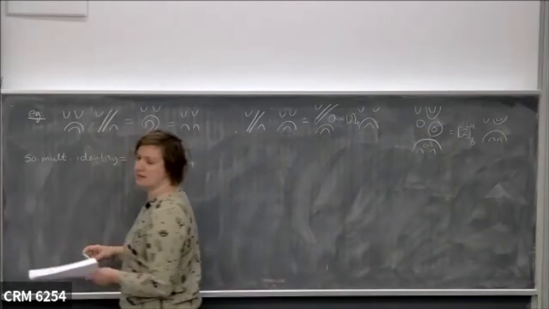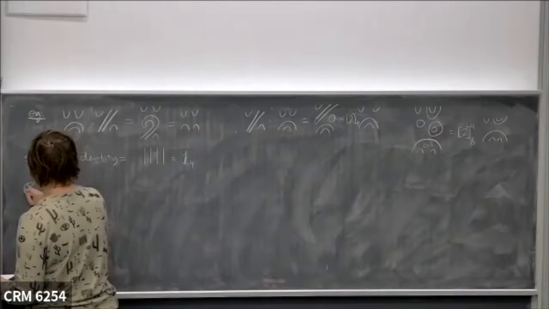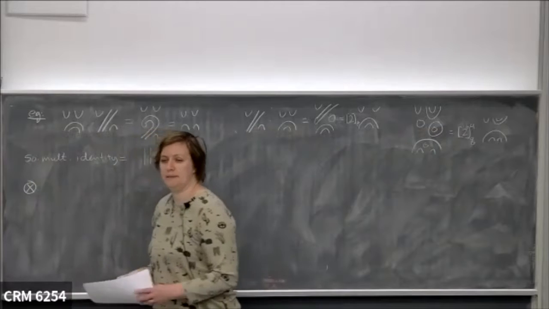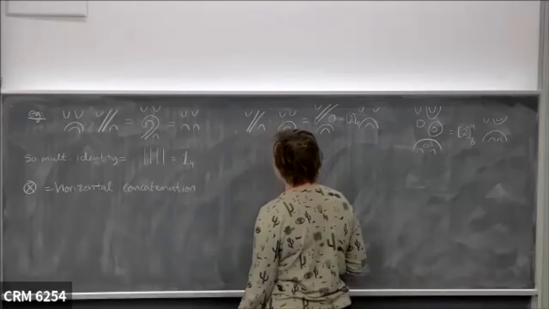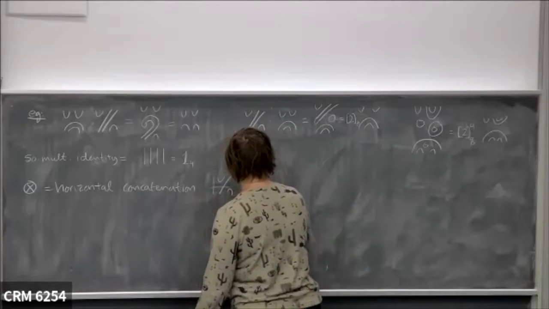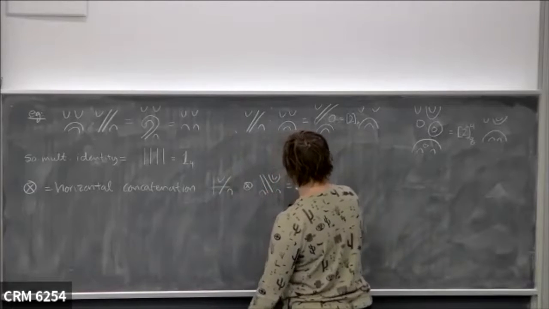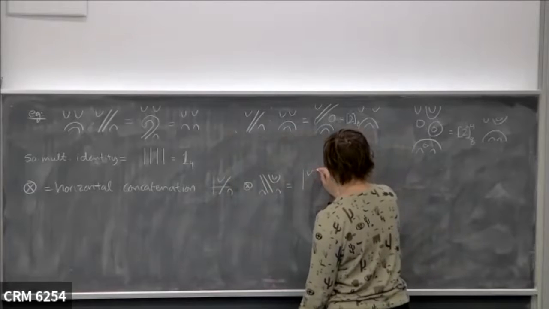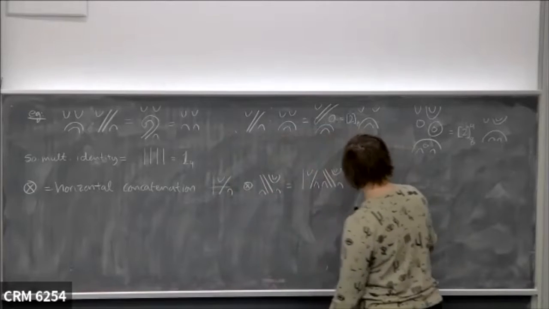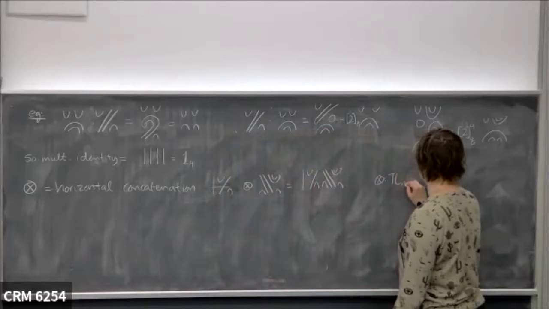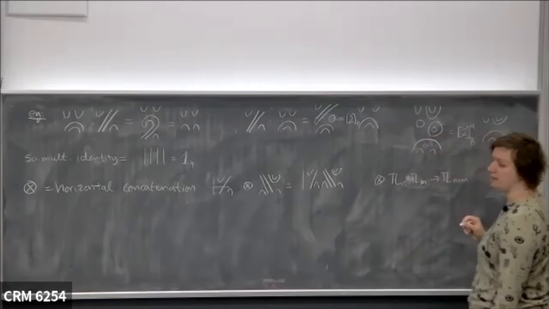Okay, now there's a lot more structure. And probably the least surprising one of these is that there's a tensor product given by horizontal concatenation. Okay, so if we have a Temperley-Lieb diagram tensored with another Temperley-Lieb diagram, then what we get is just the result of setting them down next to each other in the plane. Right, so tensor takes a TLN diagram and a TLM diagram and gives you back something on n plus m points.